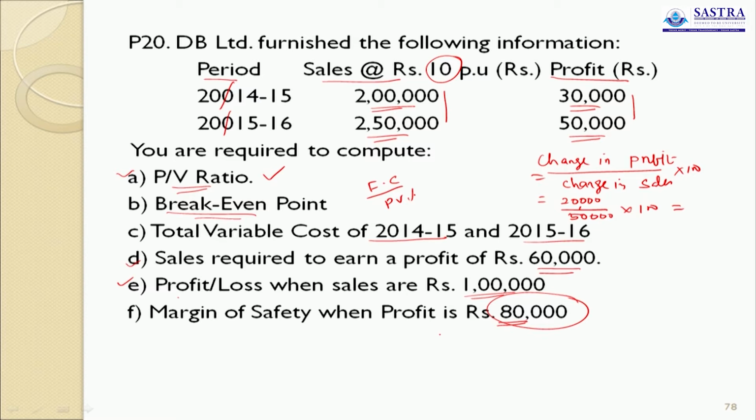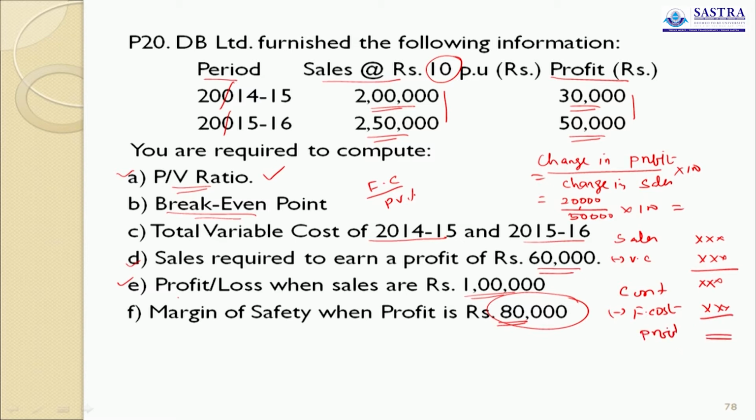So how can we find out fixed cost? PV ratio is given. Before that, you draw a marginal cost statement. The statement starts with sales, less variable cost, this is contribution, less fixed cost, this is profit.